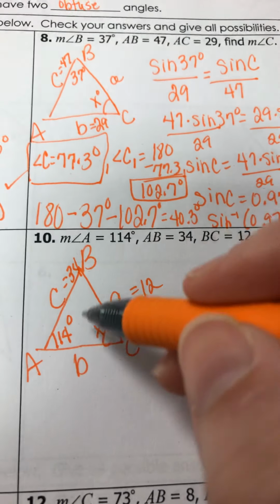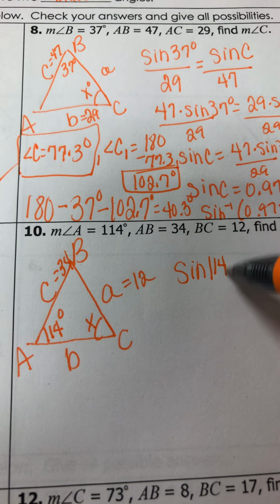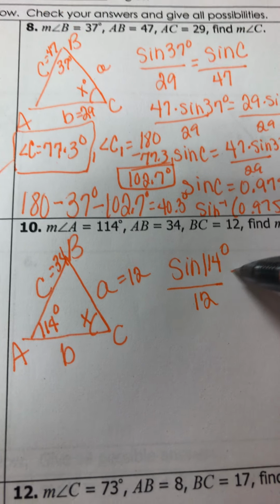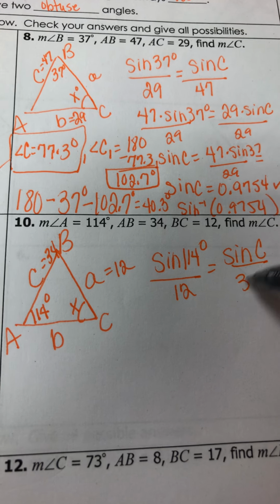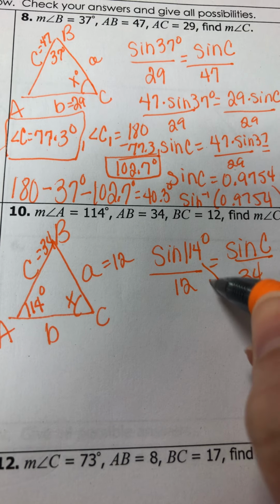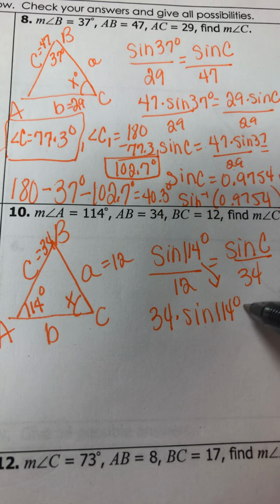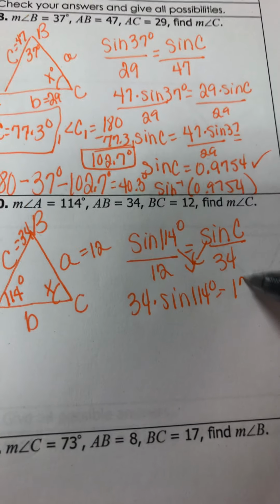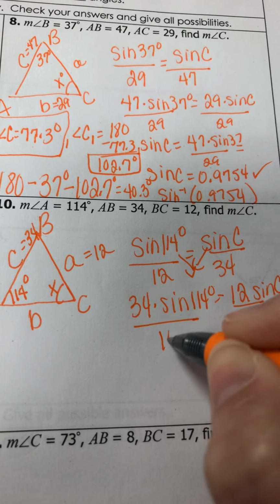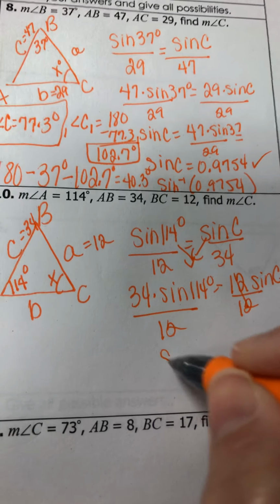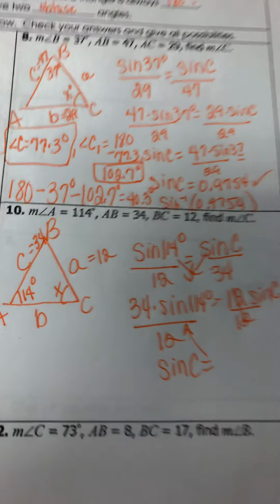Now, let's set up what we've got. We're given A. So we've got the sine of 114 degrees over 12 is equal to the sine of C over 34. So let's do a cross product. 34 times the sine of 114 degrees is equal to 12 times the sine of C. All right, so the sine of C, let's go ahead and plug this right here into our calculator.